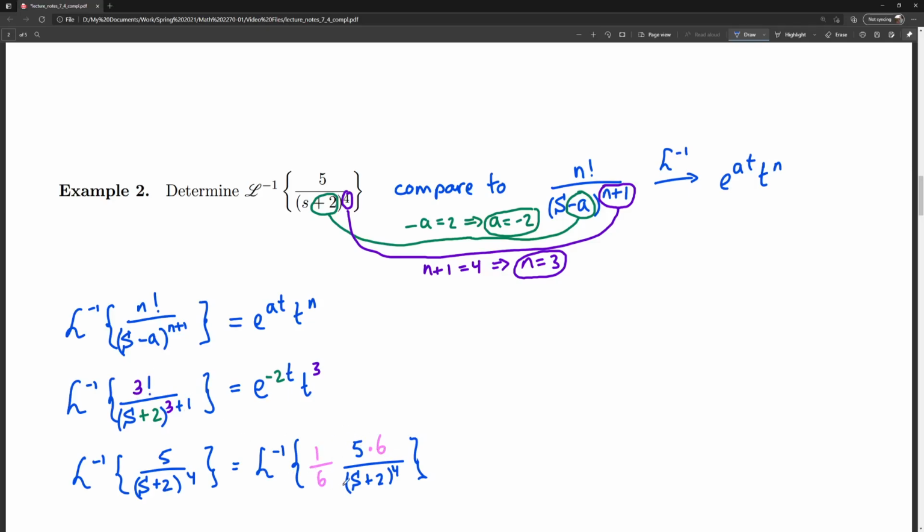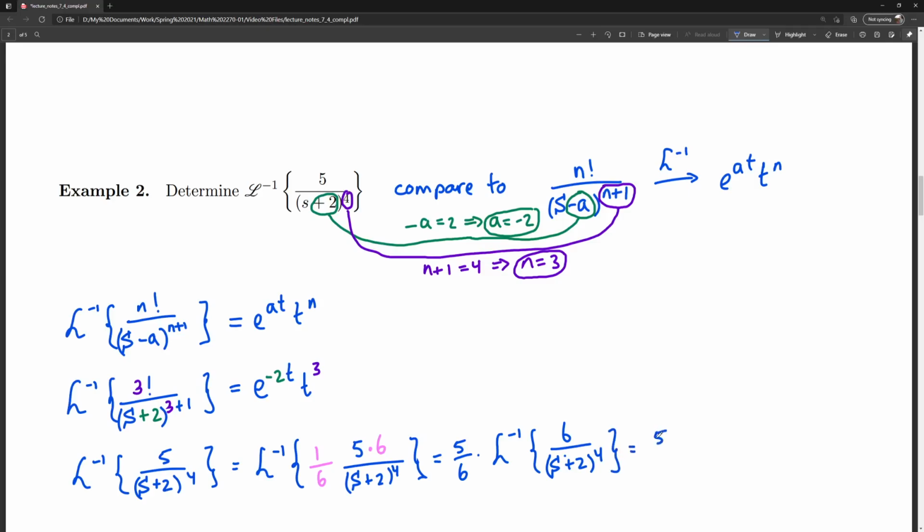And so what I take out is 1 over 6 times 5. So I have 5 over 6 times the Laplace inverse of 6 over s plus 2 to the power 4.